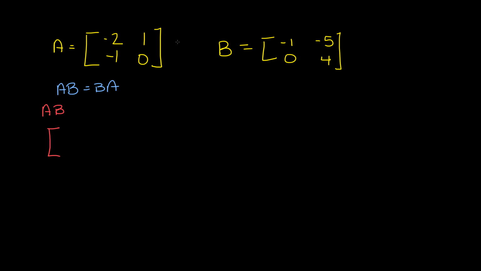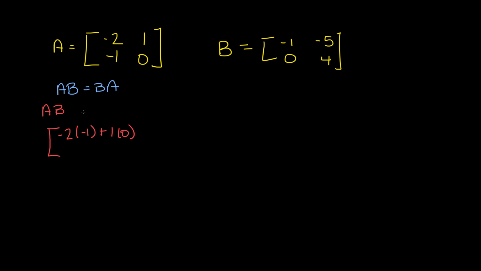So I'm going to start with the negative 2 times negative 1. Then I'm going to add that second part of the row times the bottom part of the column. So this is going to be 1 times 0.